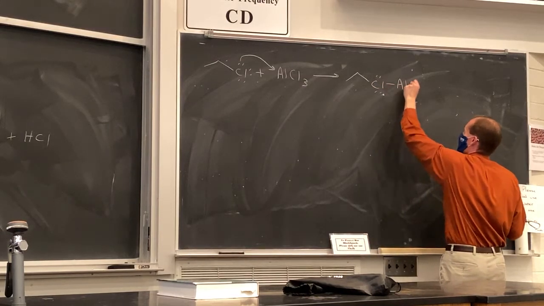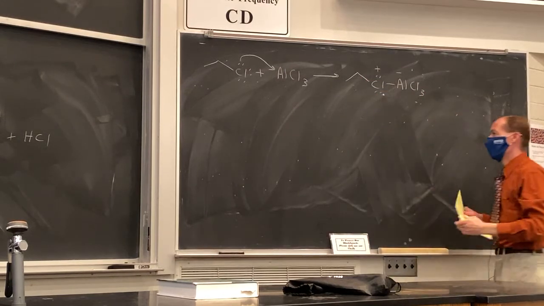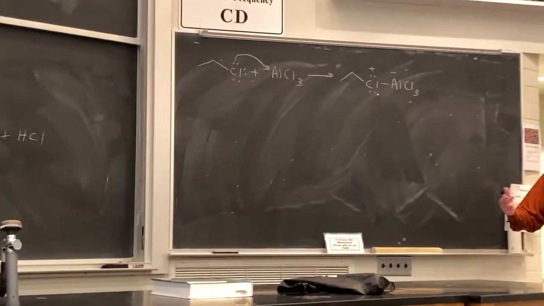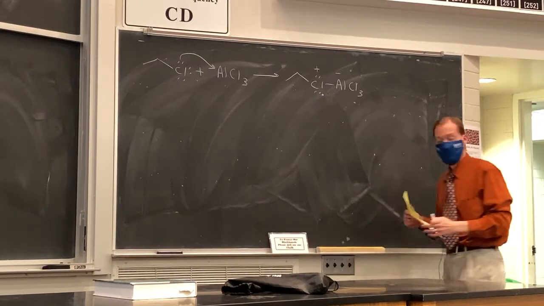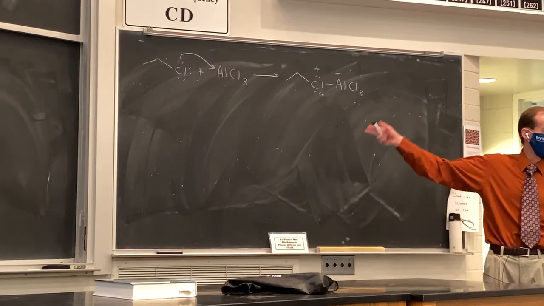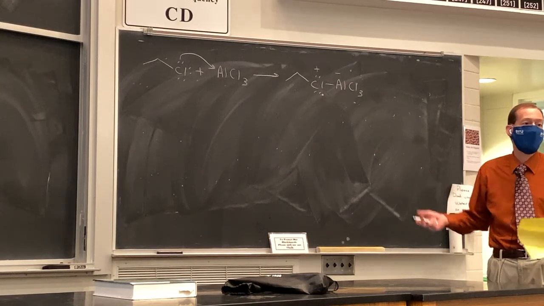We're making a species that has formal charges, but we have formed a new sigma bond, so this is favorable. But this is electrophilic now. We have that formal positive charge on the chlorine.